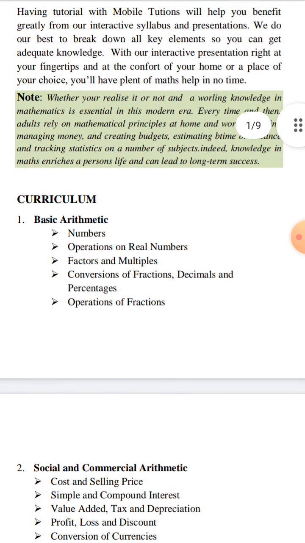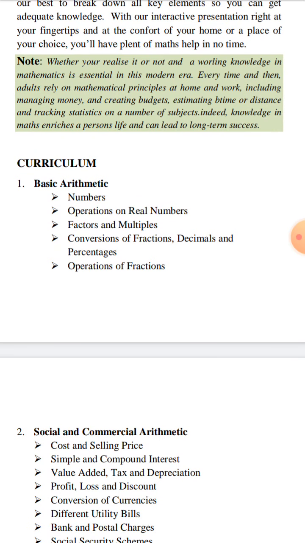So this is our curriculum for mathematics. The first topic looks at basic arithmetics, where we look at numbers like we did in the last presentation. We look at operations on real numbers, which is what I'll be presenting on just after this presentation.